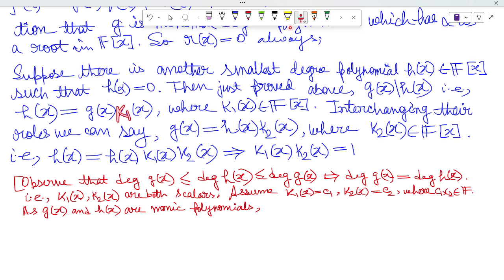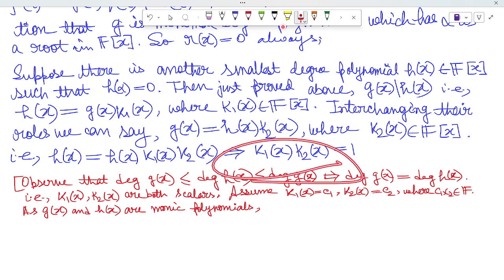So this is c, and if you compare c times something is 1, c times the coefficient is 1. So what is c? If you compare the leading coefficients, they have the same degree, x to the power n, as I showed that their degrees are same.